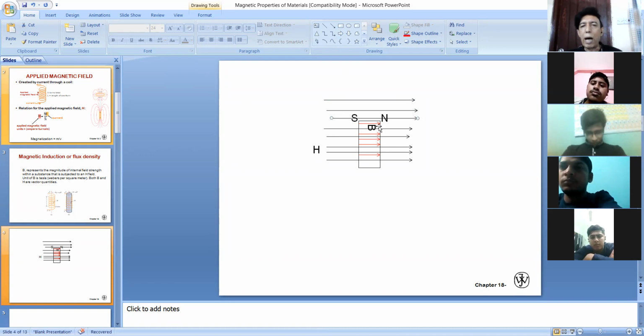So outside the material, these lines of forces of B of that material will oppose the H, but inside the material, this B will assist the H.